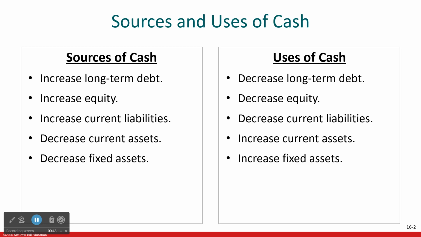And so we see here in the sources of cash, if we increase our debt, we're borrowing more money. If we increase our equity, meaning we issue new shares, we get more money. If we increase our current liabilities, meaning we delay paying our bills, we keep more money. If we decrease our current assets, the underlying assumption is that we are converting those current assets to cash.